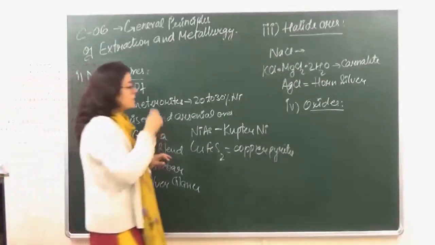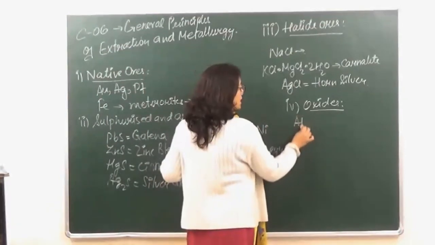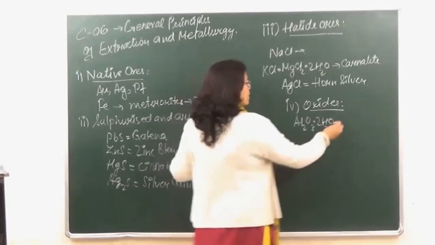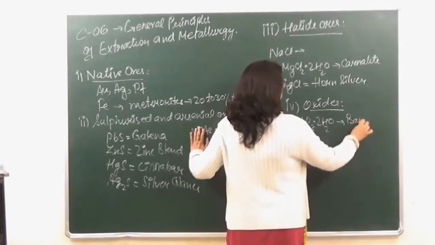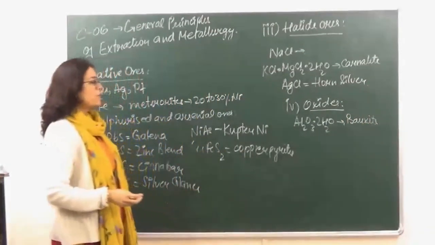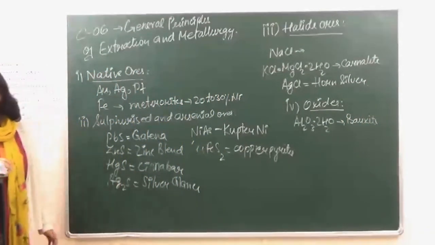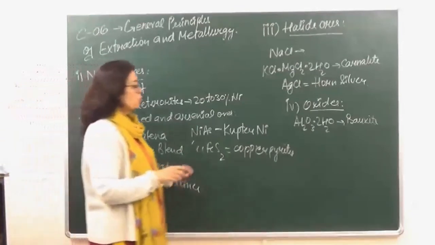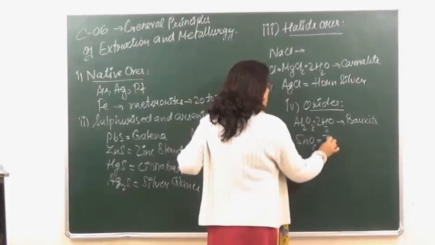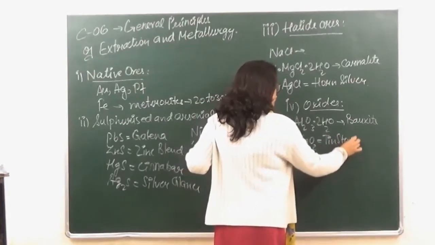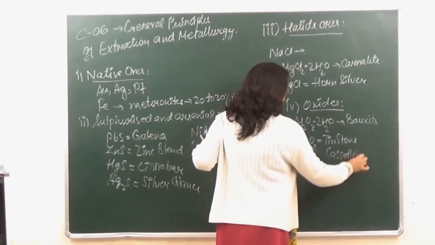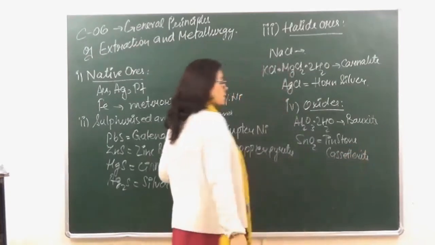Some of them we have already discussed, like bauxite, so aluminium is present in the form of bauxite. Then we have SnO2, which is tin stone, also known as cassiterite.